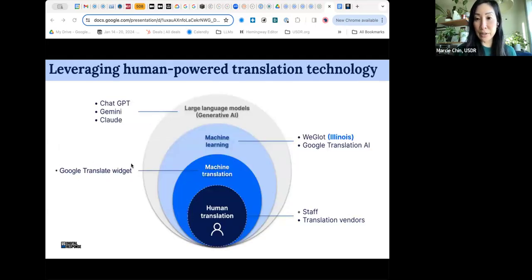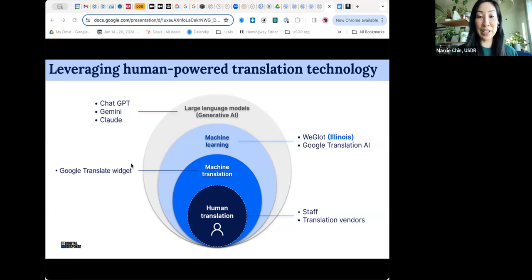And lastly, I'm not going to spend too much time on this, but just wanted to share with you the different types of translation technologies that exist that can really help you scale your language access work, with a visual showing how they relate to each other, starting with human translation. Intentionally, we put that at the very center of the visual.